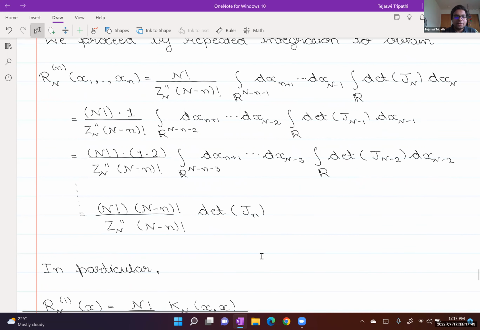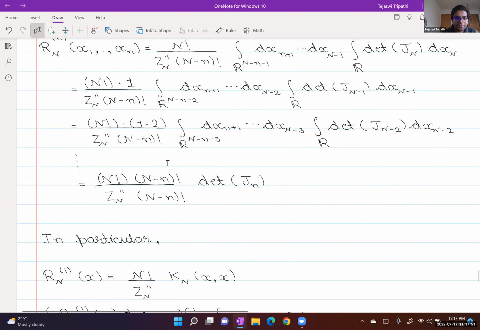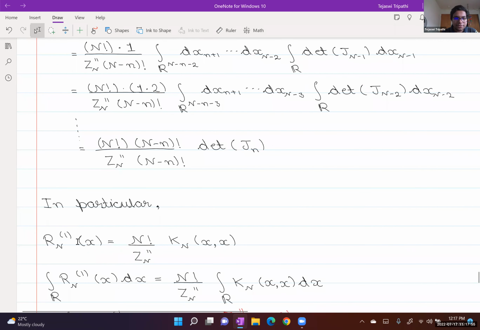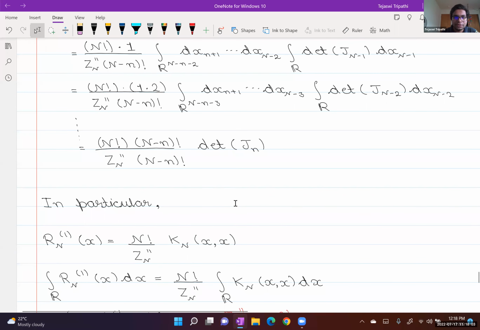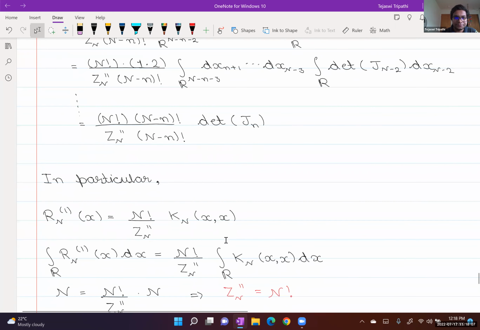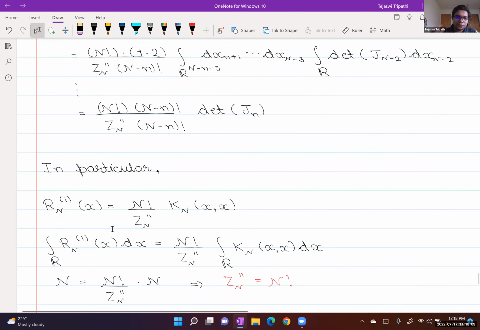Okay, so now let's try to simplify more. Let's see the first correlation function. The first correlation function is n factorial over Zn, determinant J1. What is determinant J1? It is nothing but Kn(x,x). What I'll do now is integrate this thing.